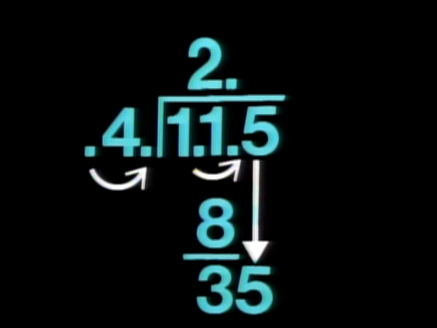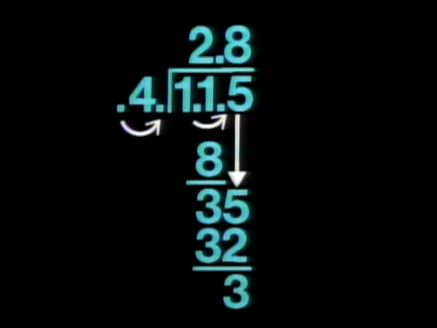The quotient begins with a 2, decimal point 8, and now we have to pause. We've used up the digits of the dividend. We have our quotient with 1 decimal place, and there's a remainder of 3. But we can, if we like, carry this problem further.